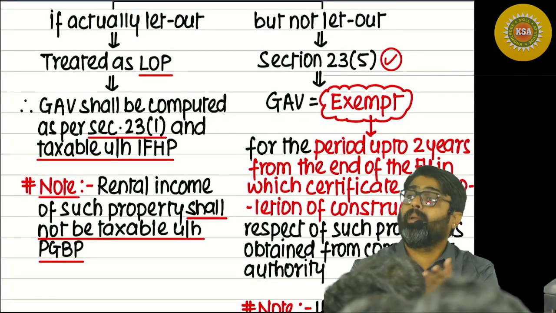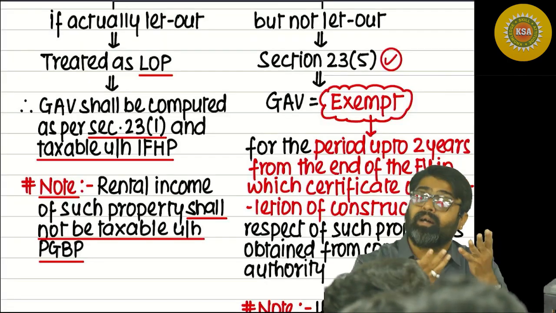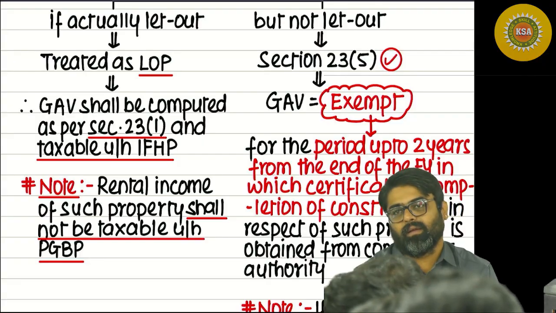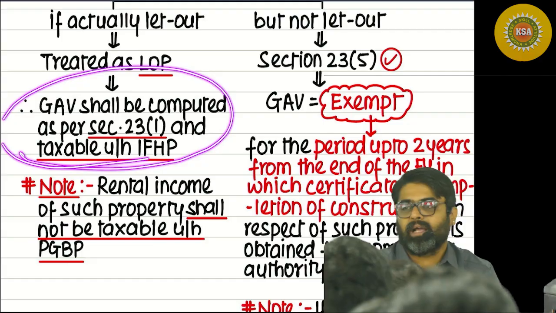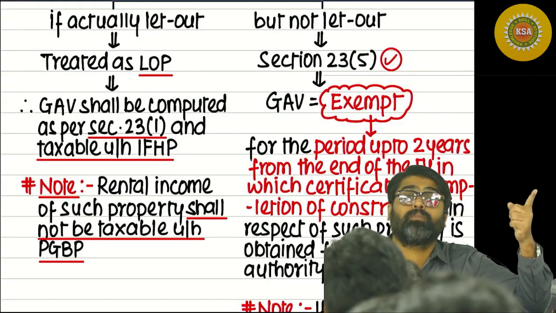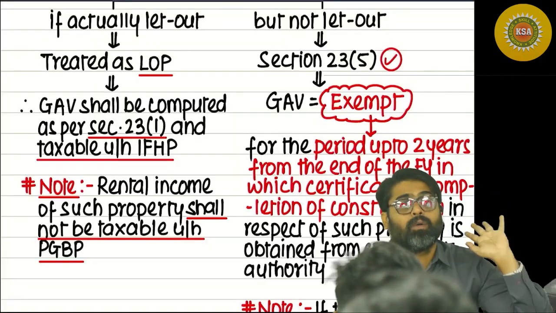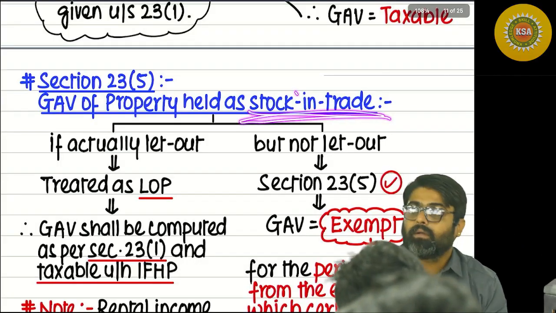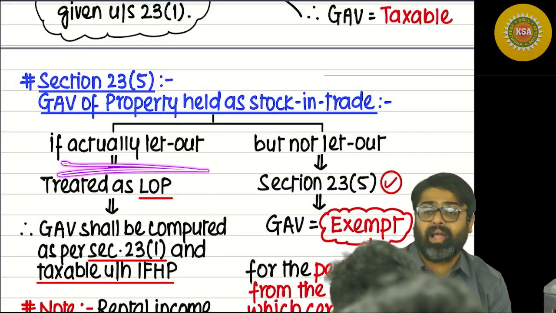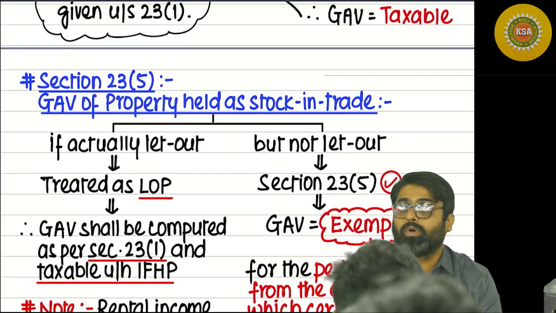Those properties will be taken under the head house property as LOP, and their annual value will be taxable. Calculate the annual value as per 23(1). Even if the property is held as stock in trade, the rental income from actually letting out the property will not go to PGBP.